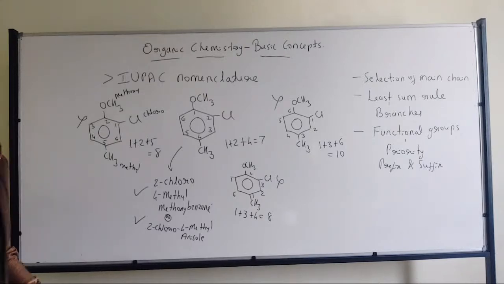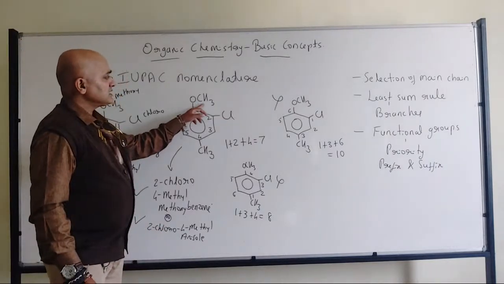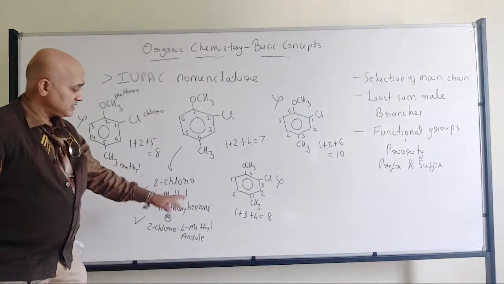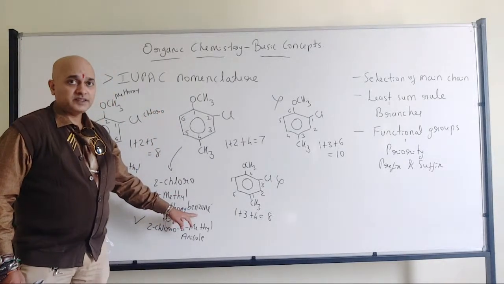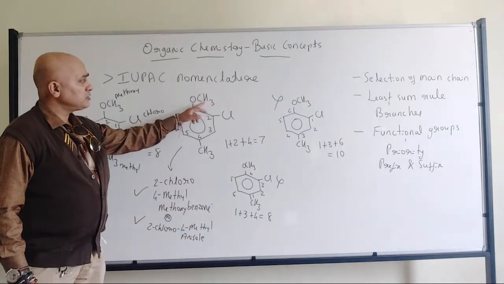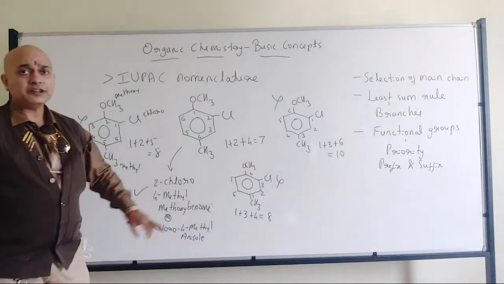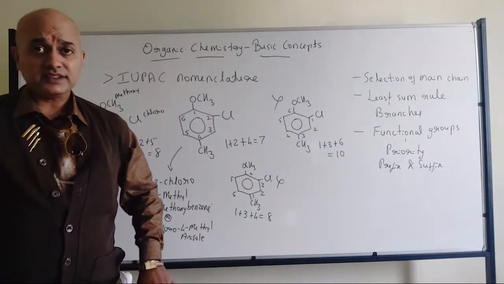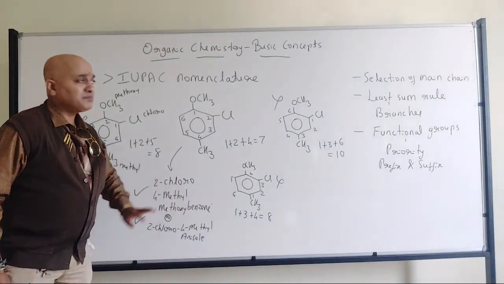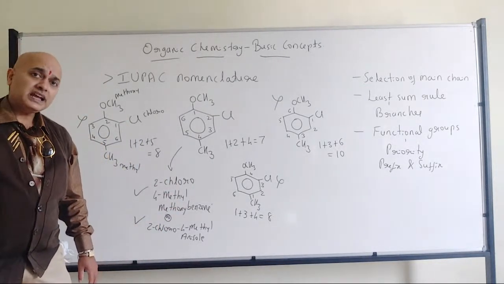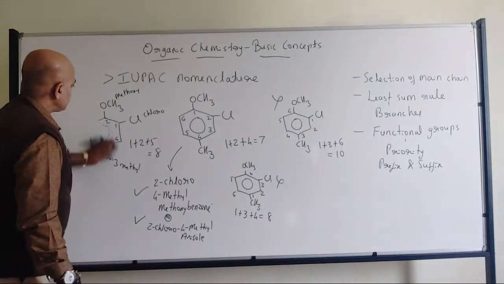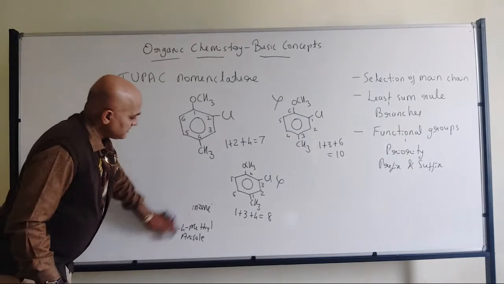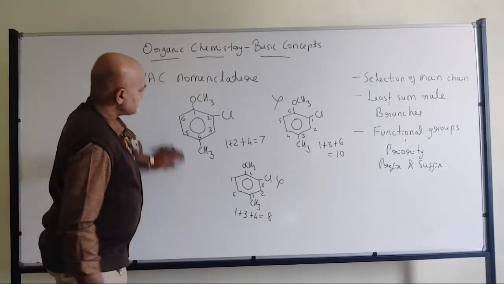Because the alkoxy group is a substituent, so it should be used as a prefix. So methoxybenzene. Alkoxy group, halogen and alkyl group, all of them can be used as prefix, not as suffix. So therefore methoxybenzene. All of you have understood? Any doubts with respect to this one?